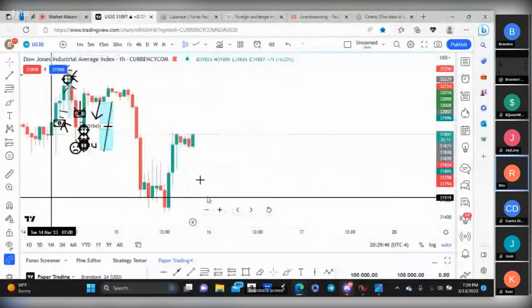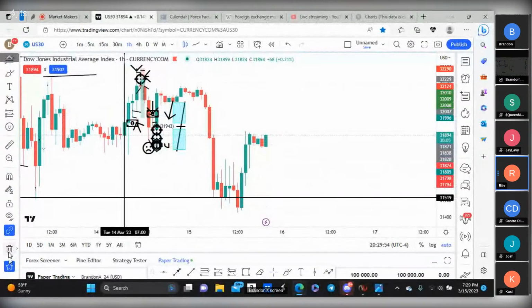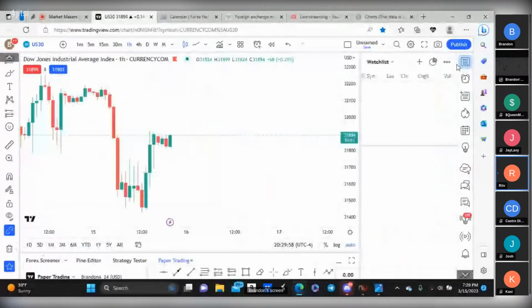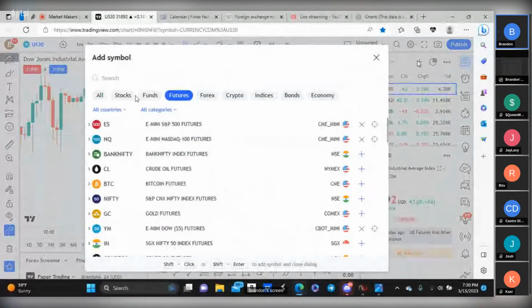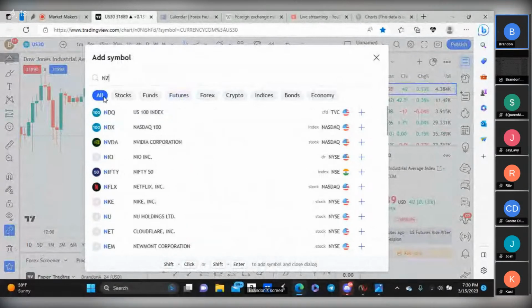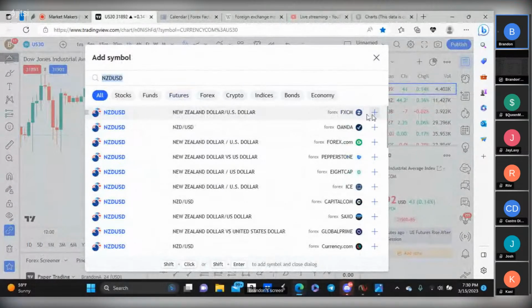It don't matter, it's all the same. And you got NZD USD. Yeah, I can look at that. Let's see. NZD. Oh, it says I already have it. Okay.